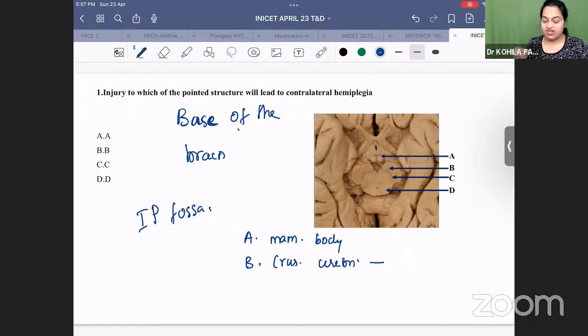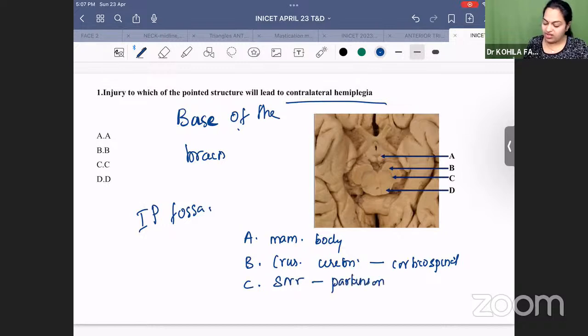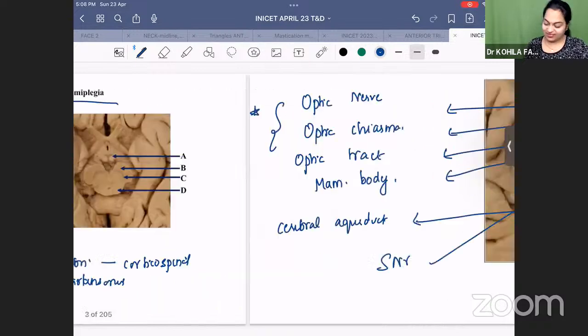In the crus cerebri, in the middle part, we have the corticospinal fibers. So injury to the corticospinal fibers will lead to contralateral hemiplegia. As I told you, substantia nigra lesion will lead to Parkinsonism. And D is the tectum, which has the superior colliculi and inferior colliculi, right?